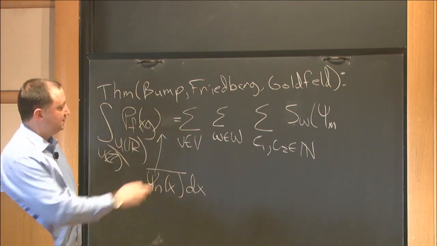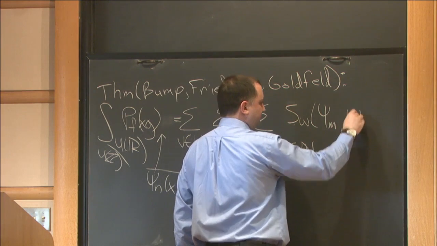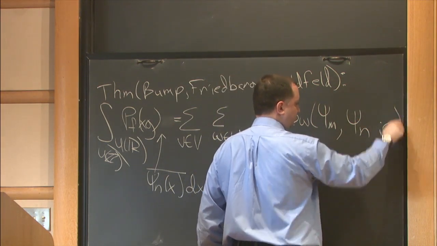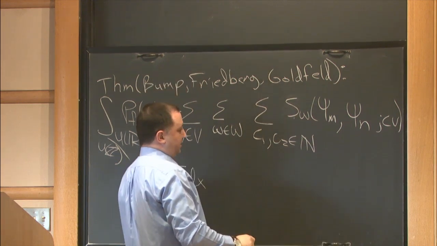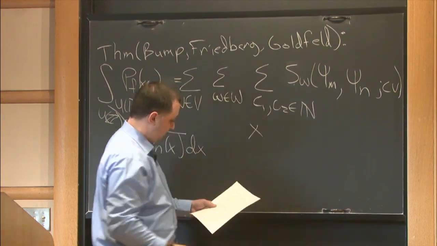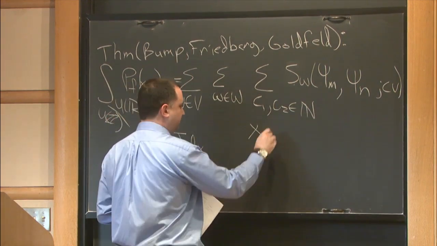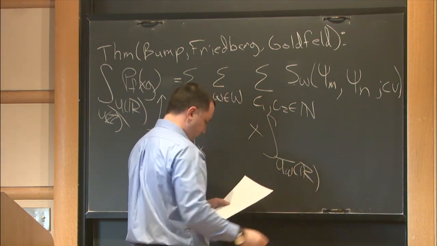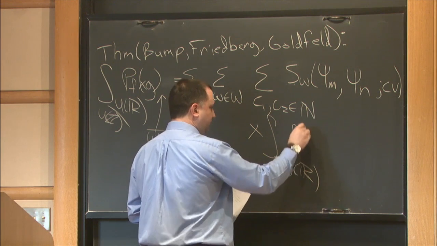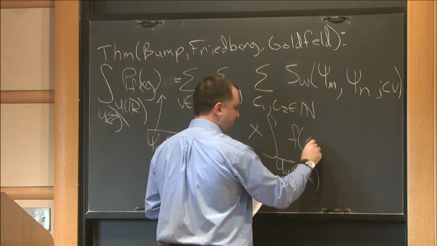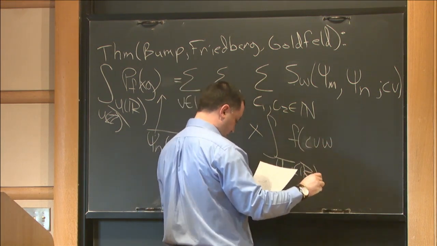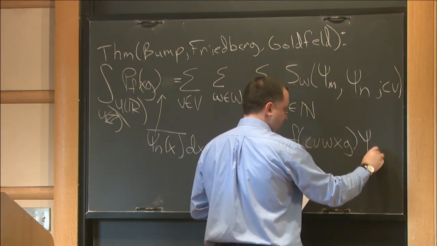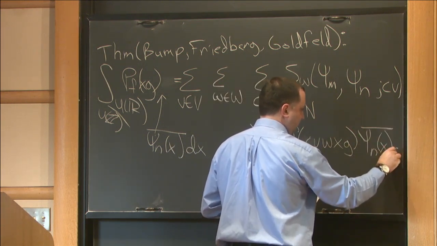That is equal to, and that's where the n comes from, the Kloosterman sum S_c times an integral over U_w bar of R of f of c v w x g psi_n of x bar dx.